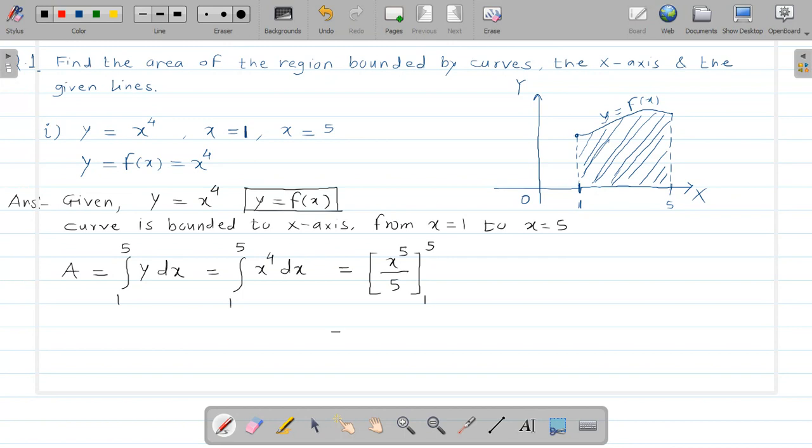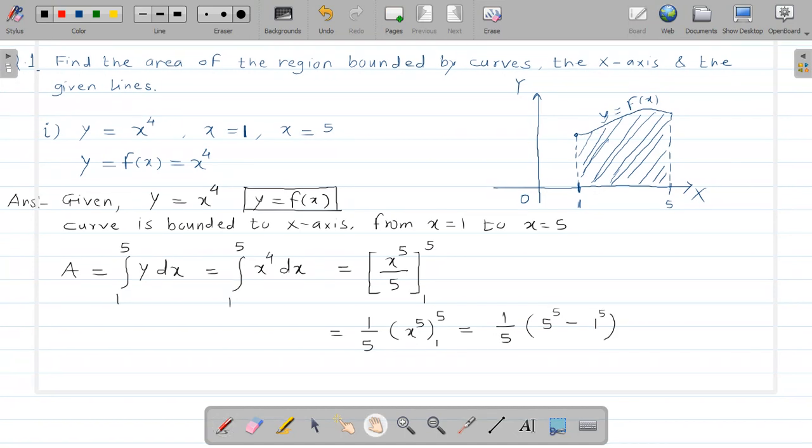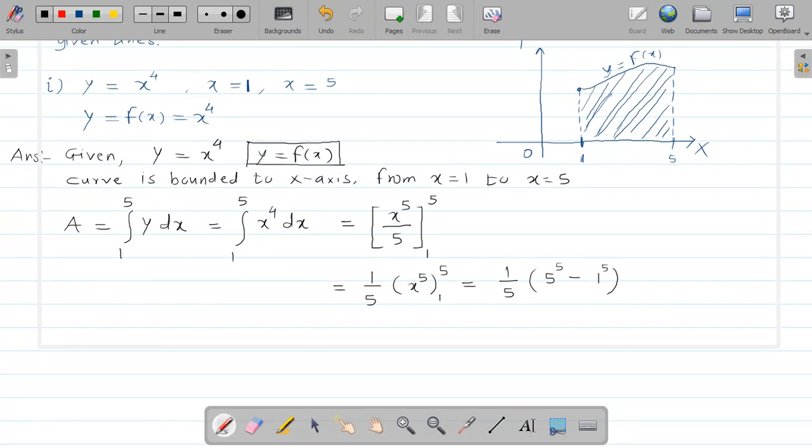To solve further, we take 1 by 5 outside of the integration and in the bracket it will be x raised to 5 from 1 to 5. Now just a calculation here. So 1 by 5 as it is. Now we put the upper limit, 5 raised to 5, minus the lower limit, 1 raised to 5.